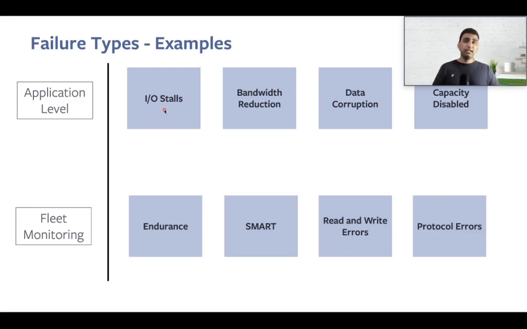Some examples of the failures we see from an application point of view include IOs getting stalled, an application seeing a reduction in its read-write bandwidth, a data corruption issue happening due to a flash device, and capacity getting disabled suddenly.